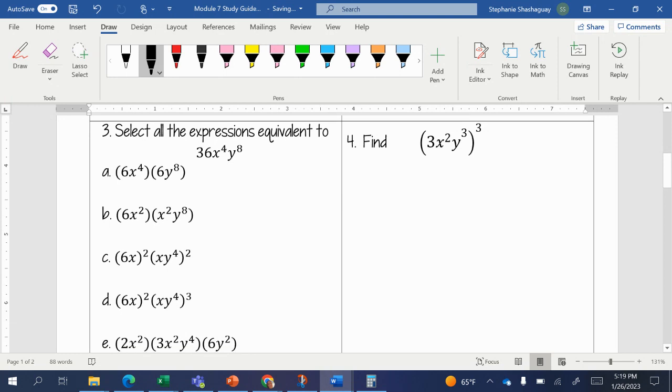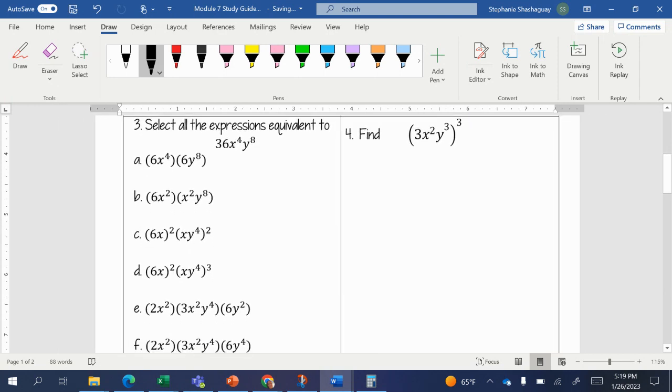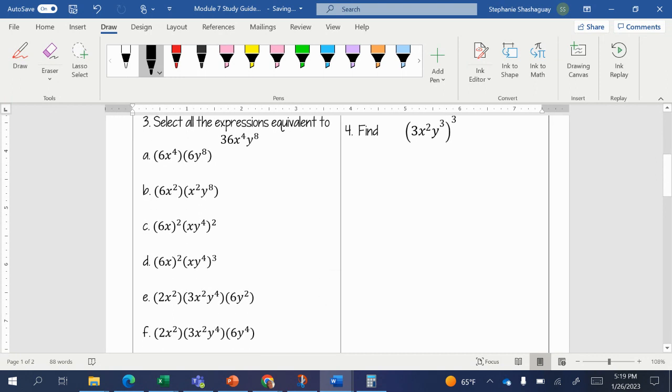Question number 3 is very similar to a question that we did on our do now within the past 2 weeks. So we need to select all the expressions equivalent to 36 x to the 4th y to the 8th. So this is actually from our 7.1 notes with exponents.